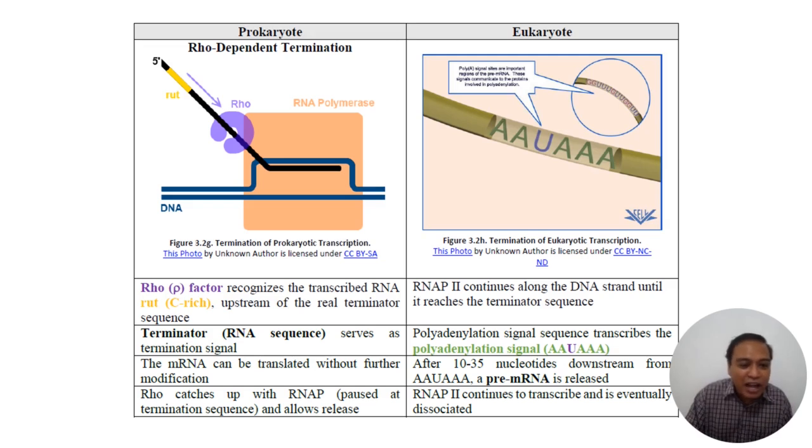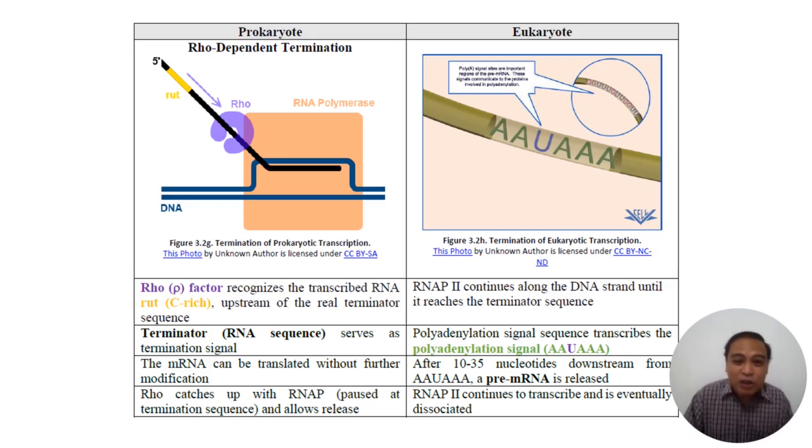So the rho factor recognizes the transcribed RNA, and then it will be able to read the termination sequence, and the terminator RNA sequence serves as the termination signal. So the rho factor will recognize this, and then finally kick out the RNA polymerase, thereby stopping the production of the mRNA. So it will be released when the rho factor catches up.